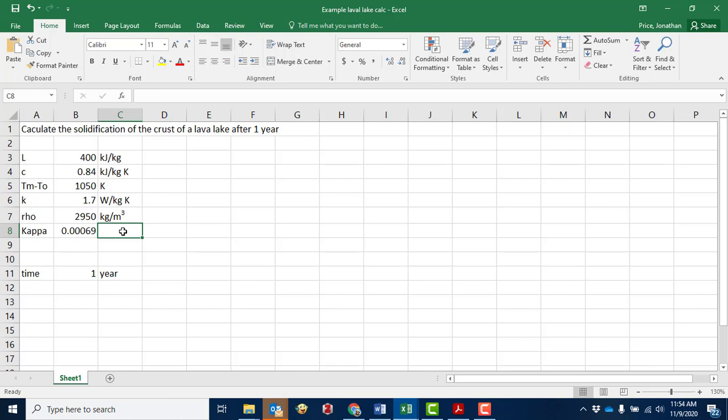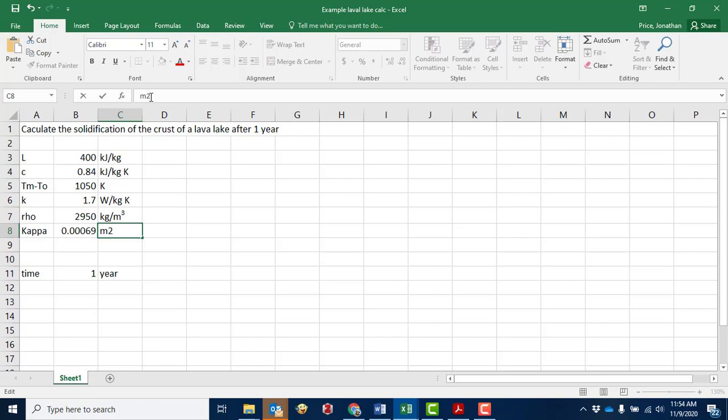The other way is to do some dimensional analysis on the units that we've used, because remember we took watts per meter per Kelvin, and we divided it by kilograms per meter cubed, and we also divided it by kilojoules per kilogram per Kelvin, and we end up with just meters squared per second. The seconds were retained from the watts.